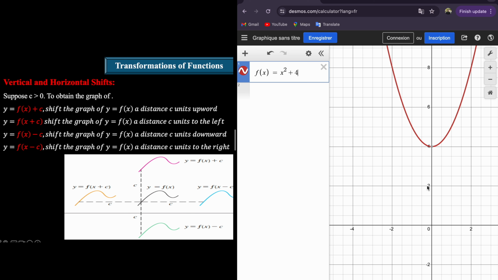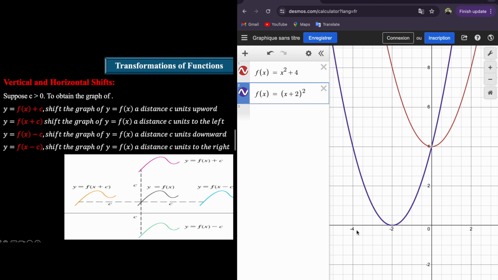I want to move this curve leftward with 2 units or 4 units. Okay, so let's do it. I'll keep this here. I'll make a new one. So plus 4. You see, it is now 2 units to the left.